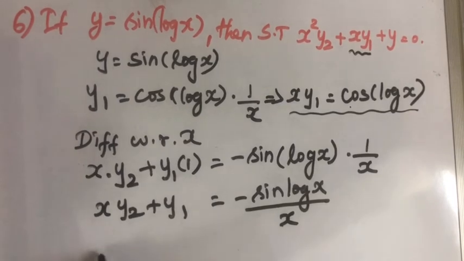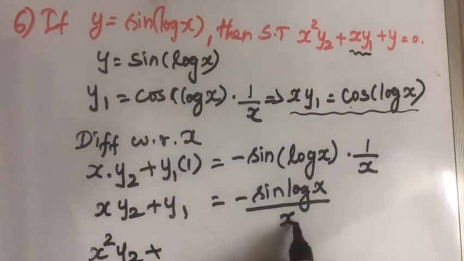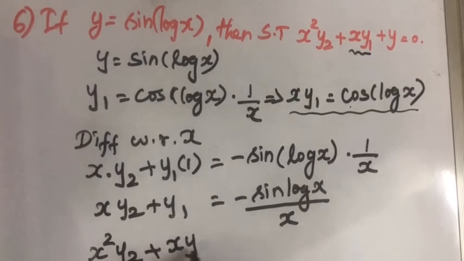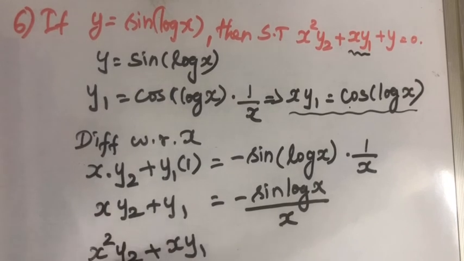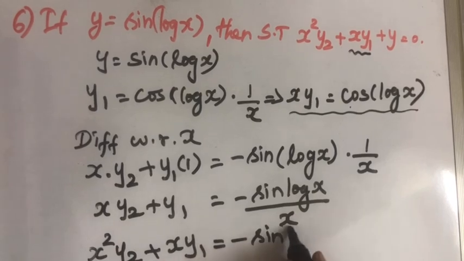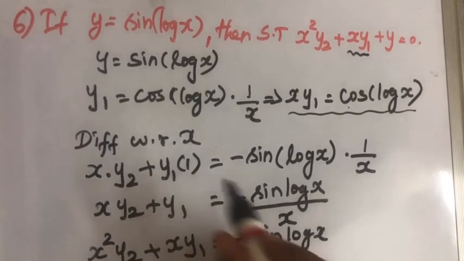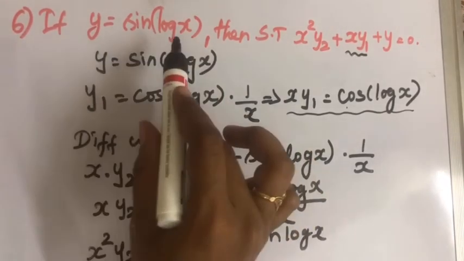So while multiplying this, x square y2 plus I have x y1. When cross multiplying we need to multiply x with these two terms. So x square y2 plus x y1 is equal to minus sin log x. But what is sin log x? Sin log x is our y.